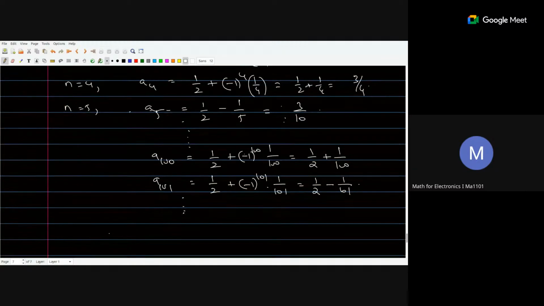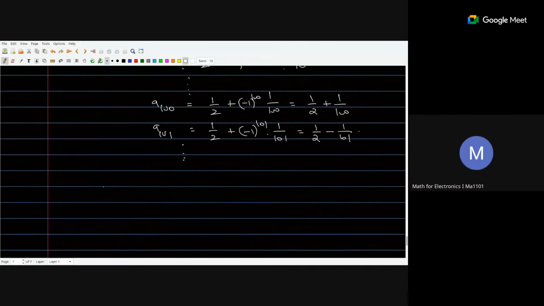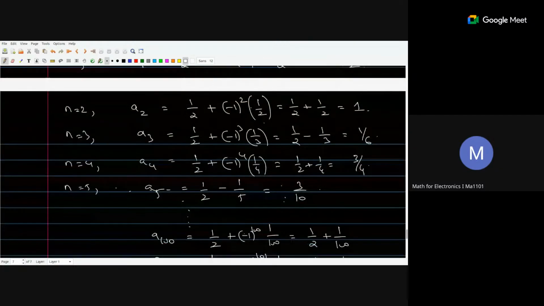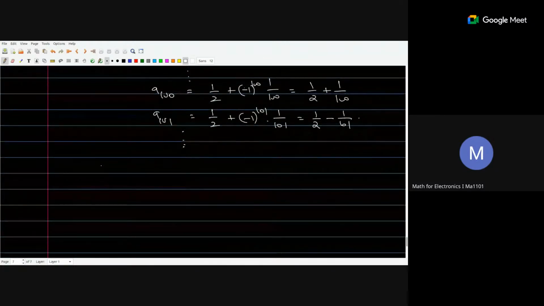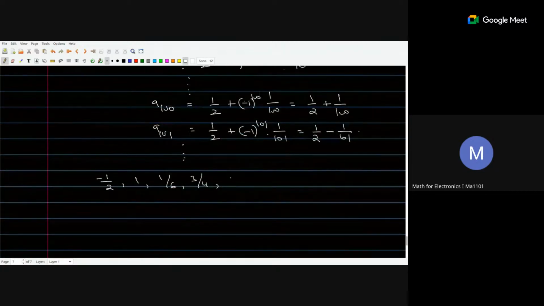So let me just write the sequence now. It started from minus half, 1, and then 1 by 6, 3 by 4, 3 by 10, and so on.